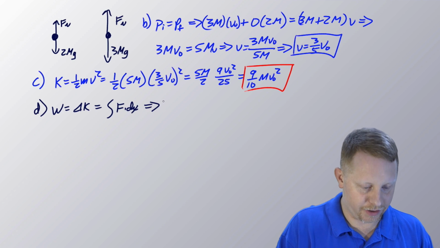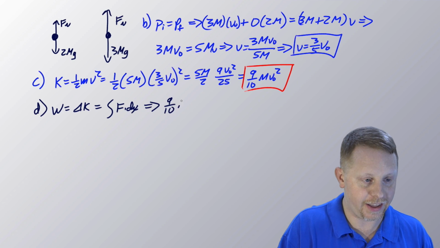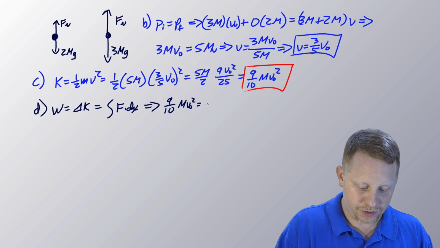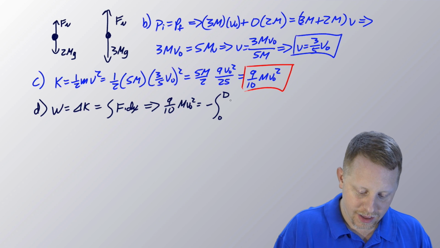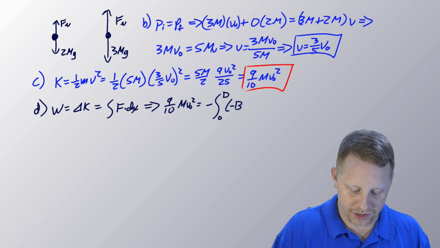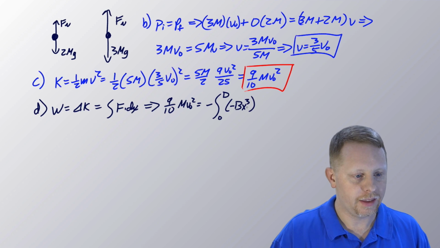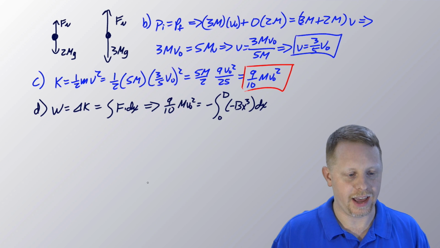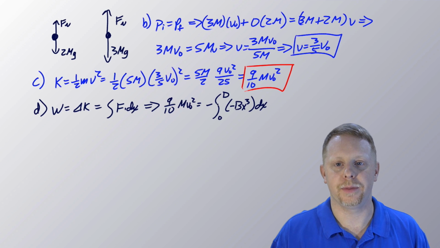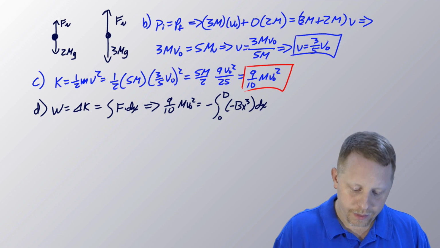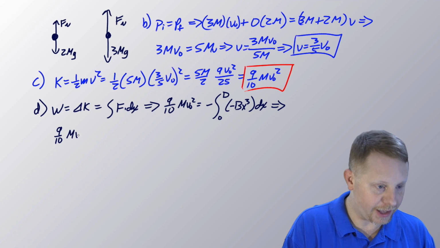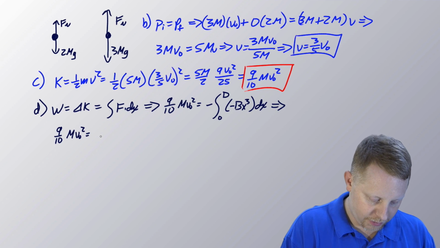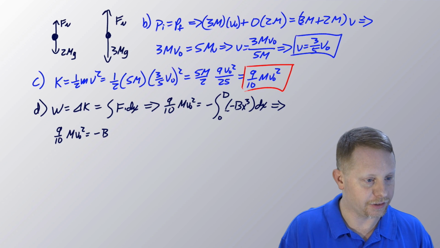This implies then that our change in kinetic energy, 9/10 M v naught squared, must equal the opposite of the integral as we go from 0 to capital D of minus our force, minus b x cubed, times our dx, where the negative comes in from the fact we've got our force and our displacement in opposite directions. Which implies then that 9/10 capital M v naught squared must equal, we can pull the negative b out of the integral sign.